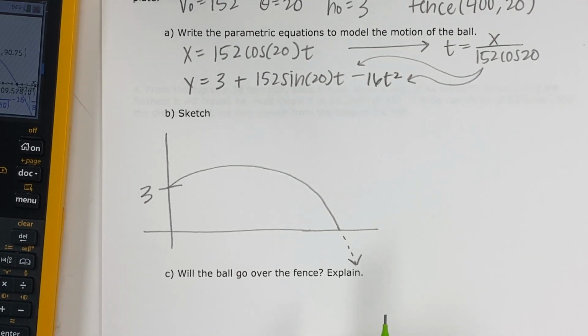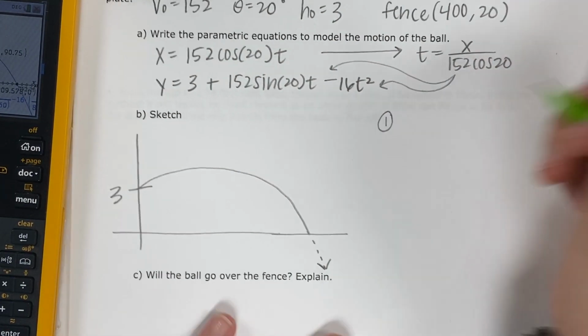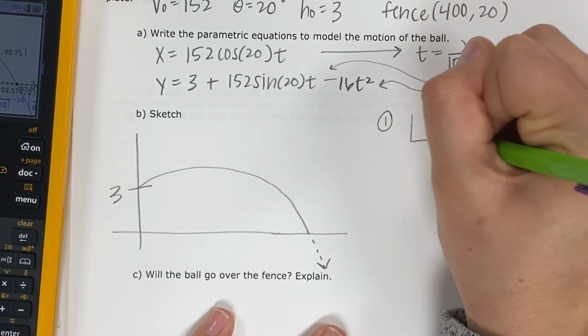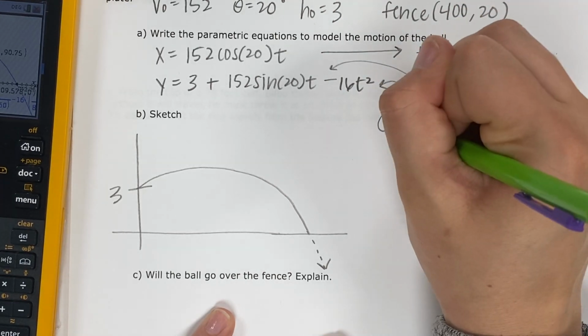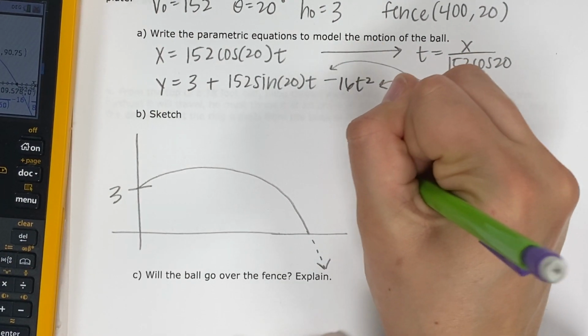Now let's go ahead and graph it, because the next question is, will the ball go over the fence? Because we have 3 scenarios that could happen. Scenario number 1. Here's our fence. The ball could go over the fence. Cool.